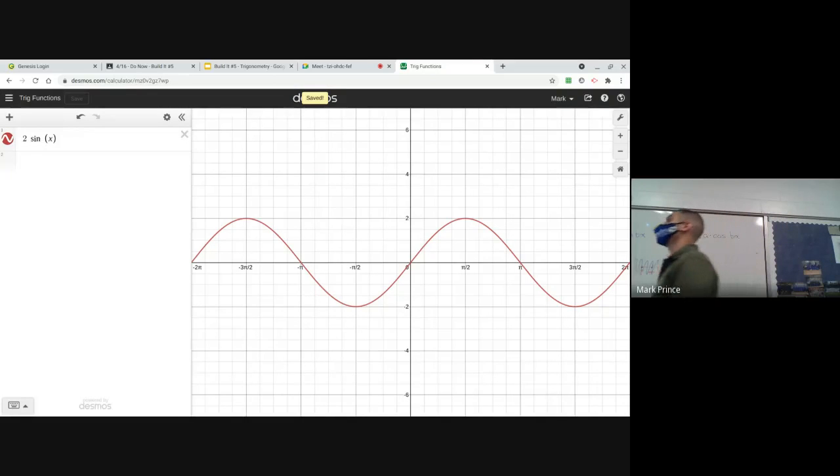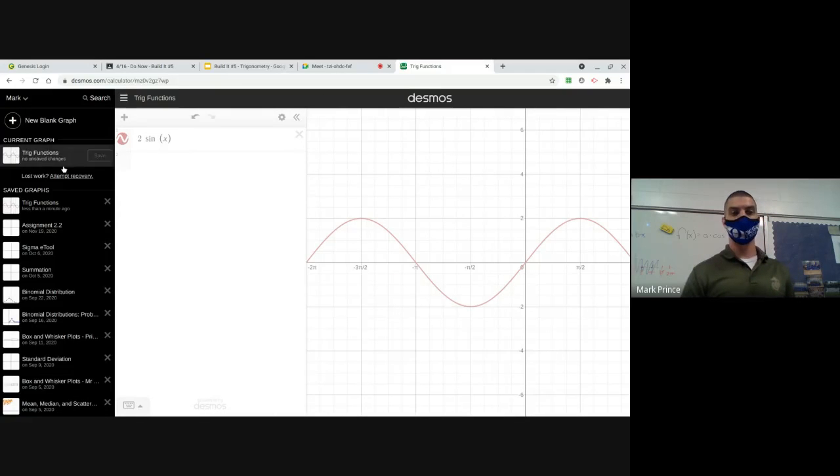So anytime I just want to graph exclusively trig functions in Desmos, I would just click. I got a ton of graphs saved over here, but I would just go in here and click the graph that says trig functions. All my settings are saved, and you don't have to keep going back and forth.